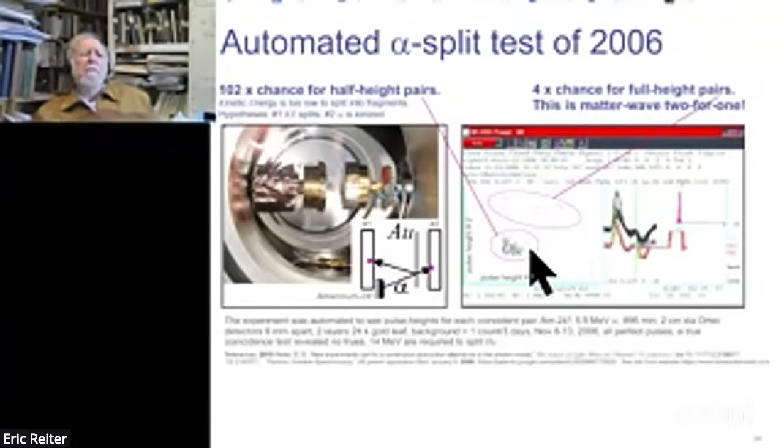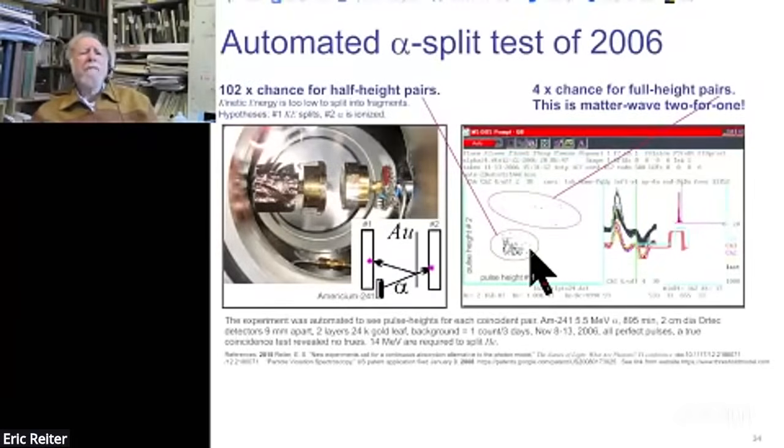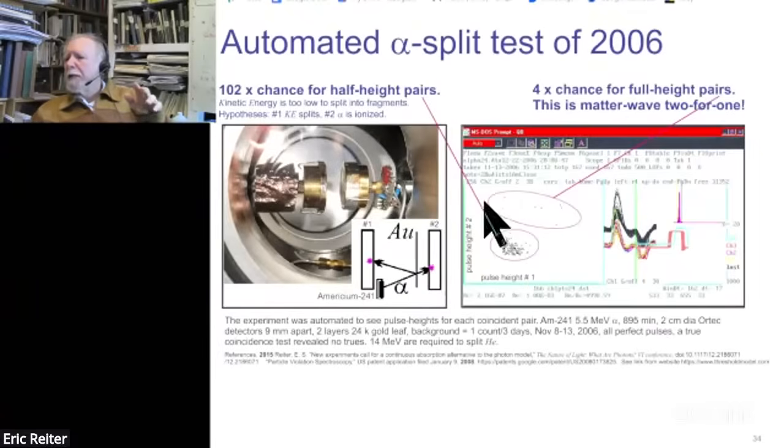And then you wonder, well, how did it make half height pulses? Well, you don't have enough kinetic energy to split it into two deuterons. And so that's out. And what else would it be? And there are arguments I'll go over for that later. But it could also show full height pulses. And you compared a chance, and it was 4 times chance for the full height pulses that I sorted out in this detailed experiment. It was very hard to do.